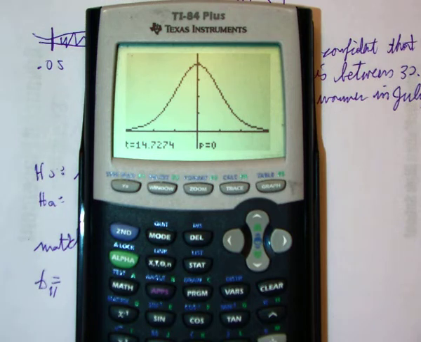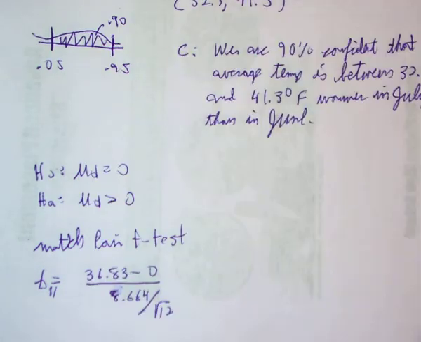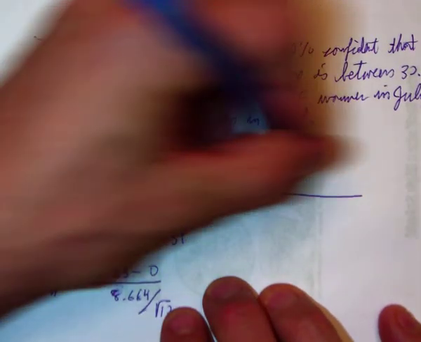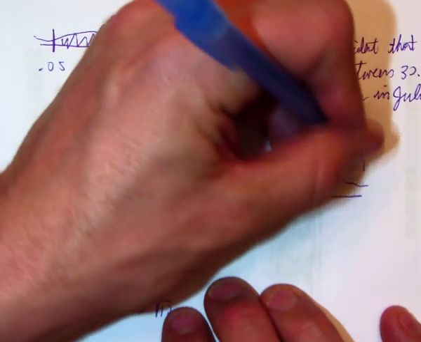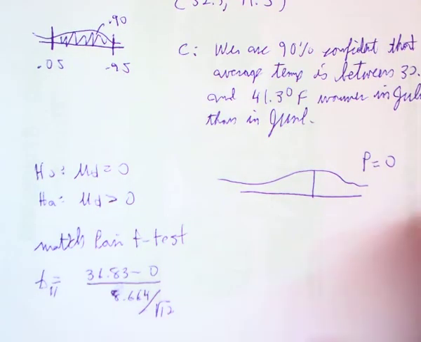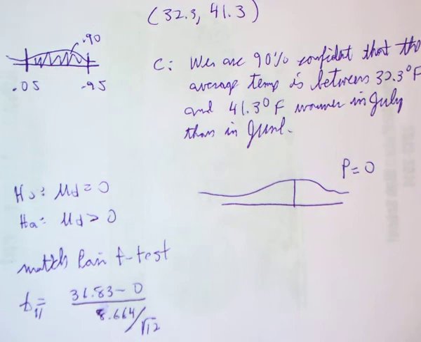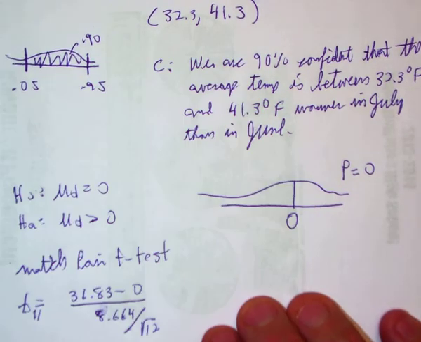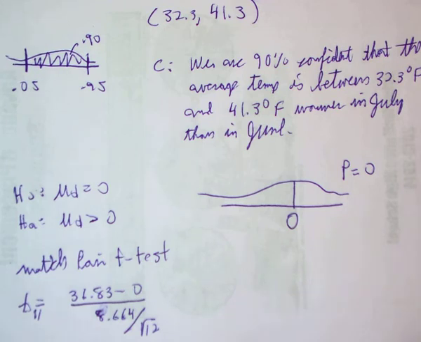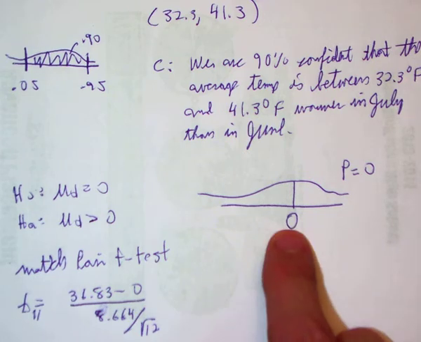So our p-value is 0, and our t-value is 14.7. So we hit this here. So we got a big P equals 0. So if our mean difference was 0, well, that's our hypothesized difference. There's a 0% chance of us getting the average difference that we got if this is true.